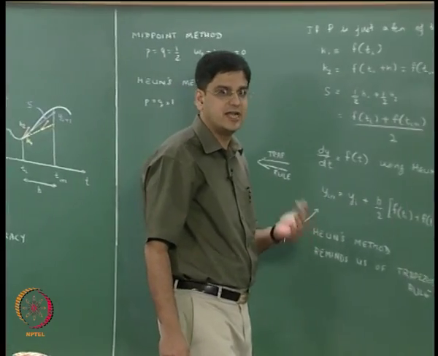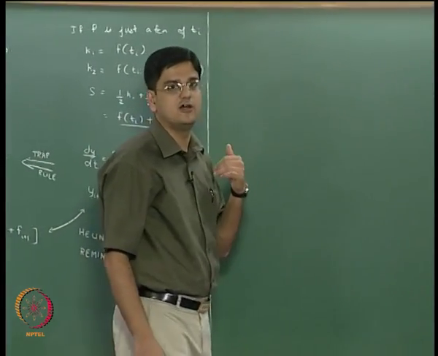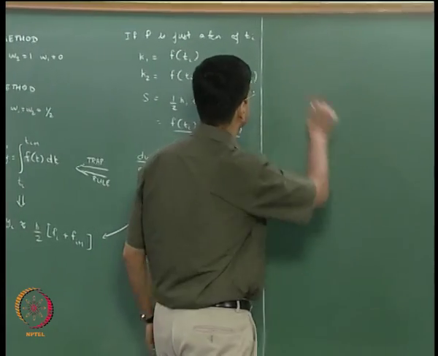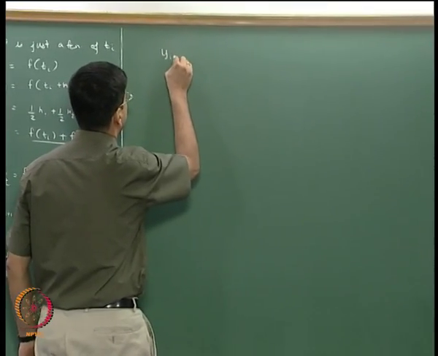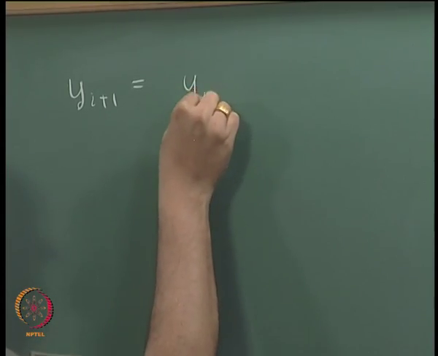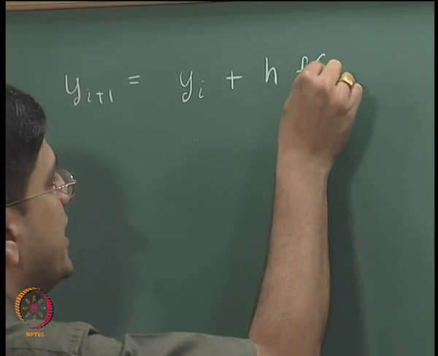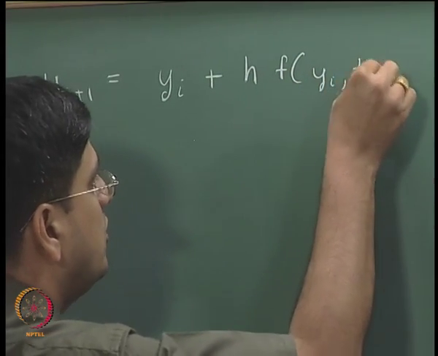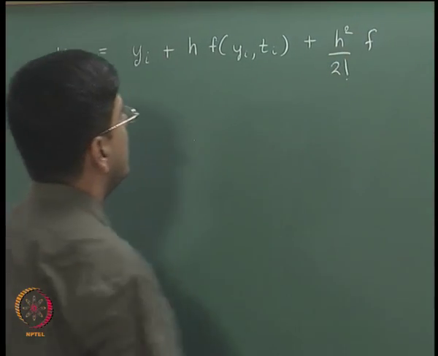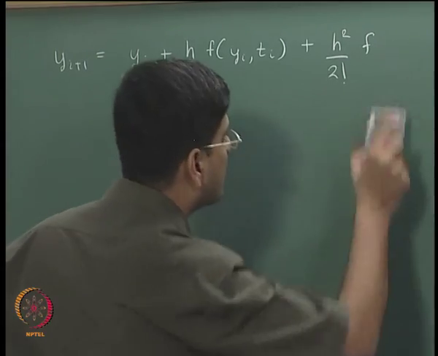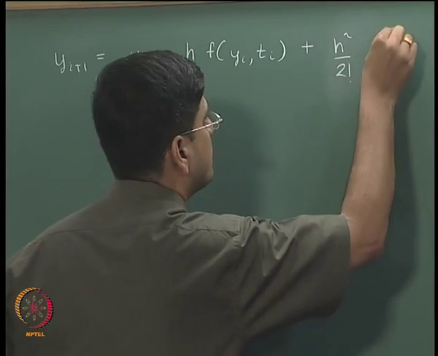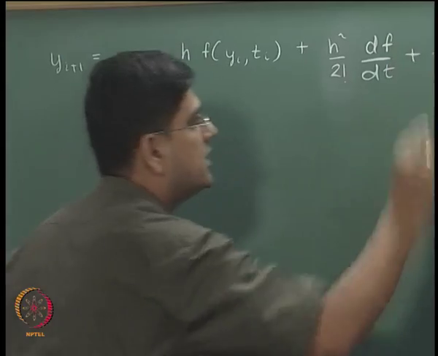Before going on to the predictor corrector idea of Heun's method, let us very quickly go over Euler's method and derive the expression for its accuracy. So if we do a Taylor series expansion for Yi plus 1, that is going to be equal to Yi plus h multiplied by f of Yi comma Ti plus h square by 2 factorial multiplied by plus dot dot dot.